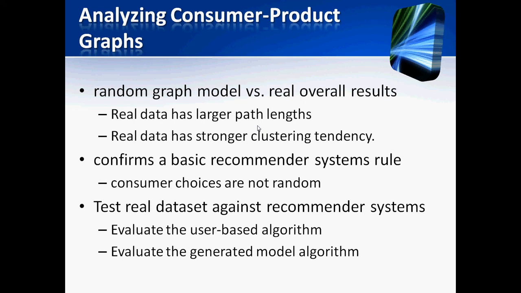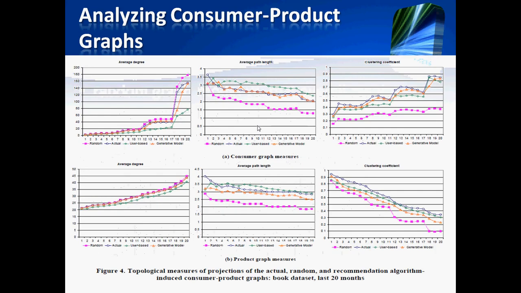So the next thing they were going to do is test a real data set against the recommender systems. They're going to evaluate the user-based algorithm we mentioned and the generated model algorithm we mentioned. And as we look here in this chart where they evaluated them, the user-based algorithm is in green. The generative model is in the orange.